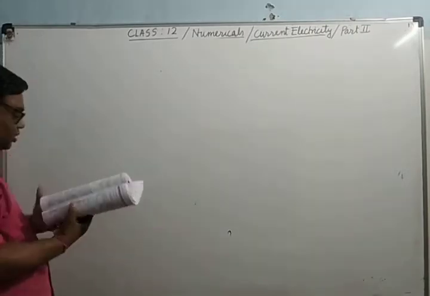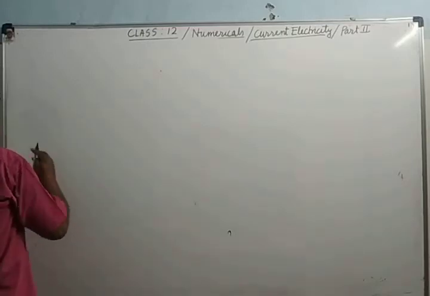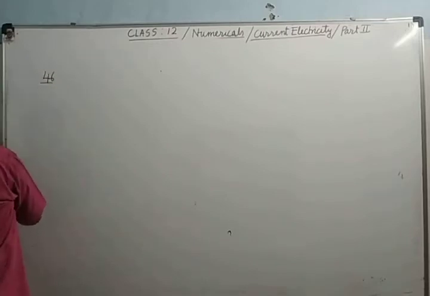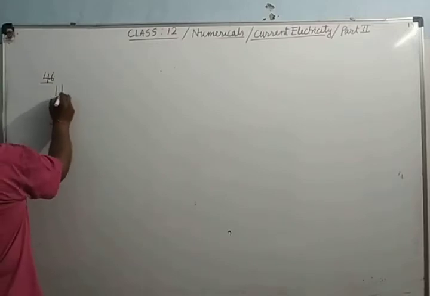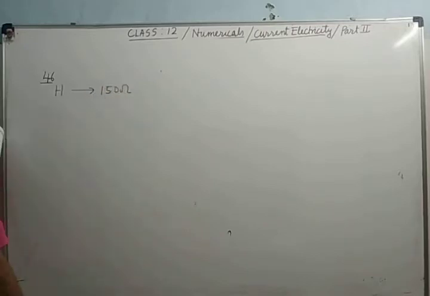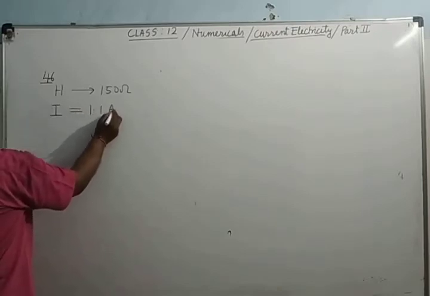Question number 46. A 150 ohm electric heater, that means the heater is of 150 ohm. The electric heater can take a maximum current of 1.1 ampere.